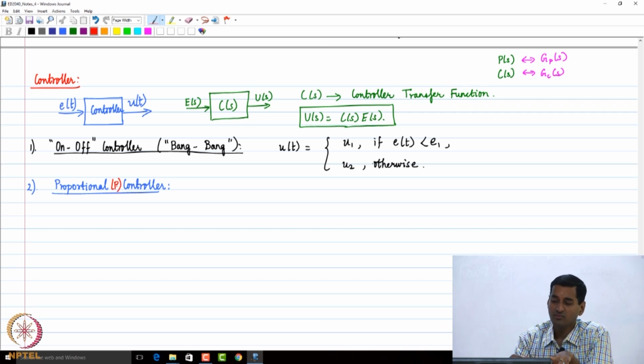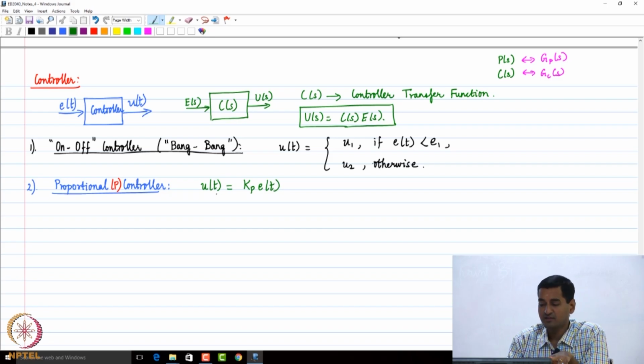What this controller means is that, as the name indicates, the control input u(t) is directly proportional to the error which is given. So the structure of the controller is u(t) equals Kp times e(t). Here Kp is called the proportional gain.